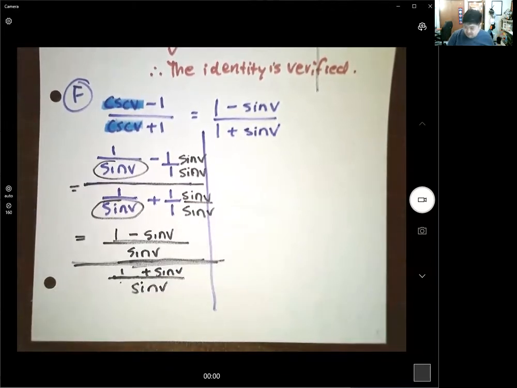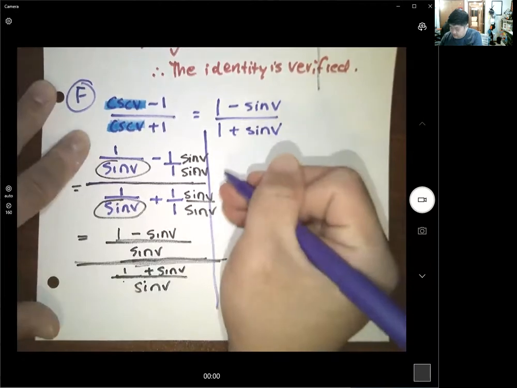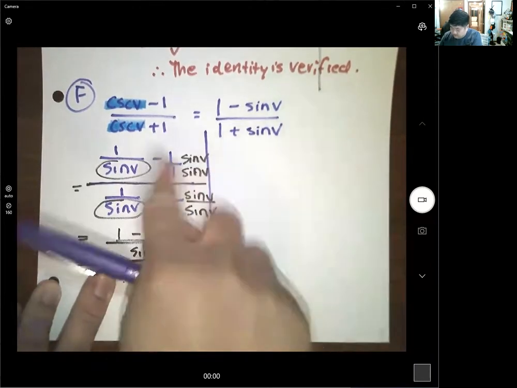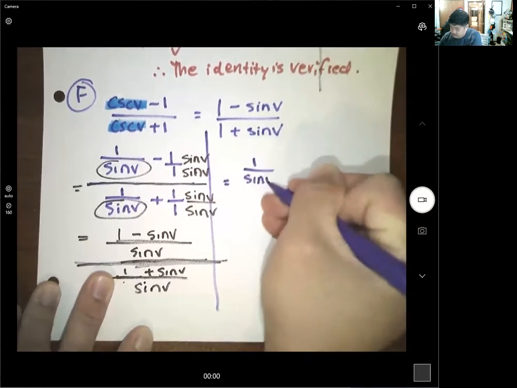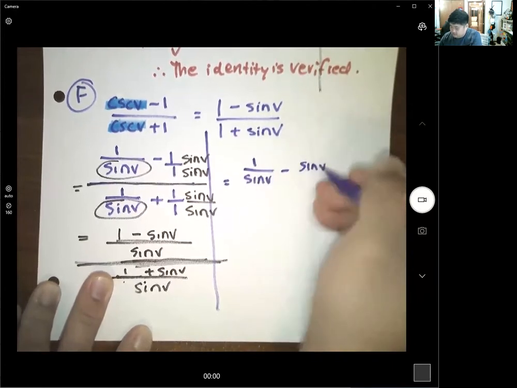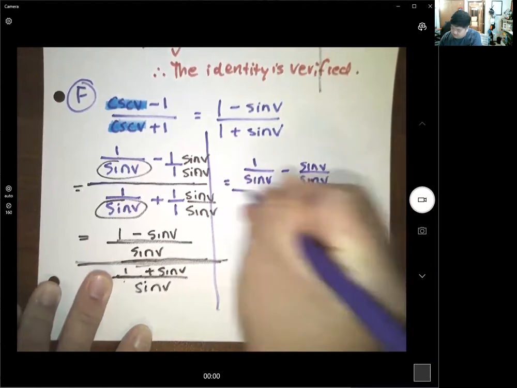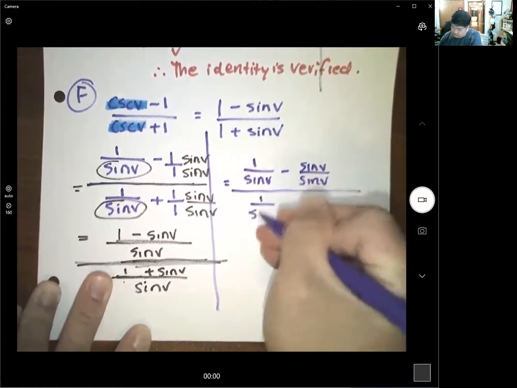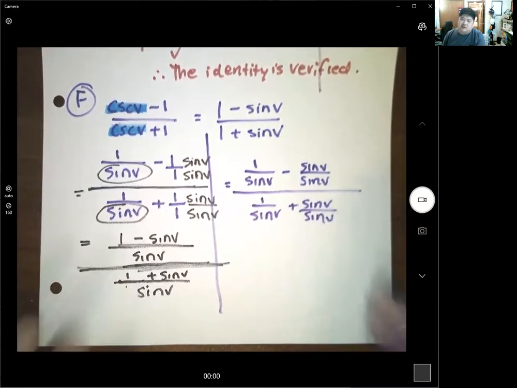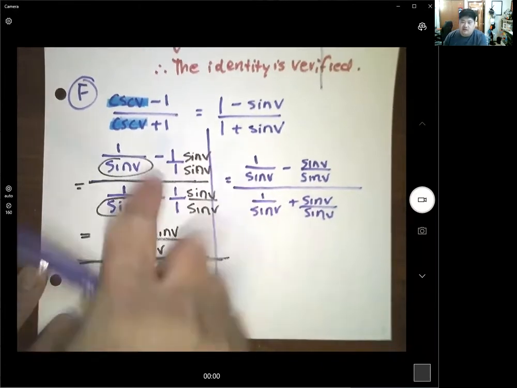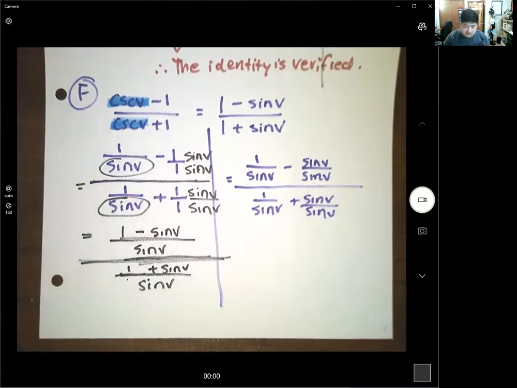I didn't write the step where I wrote it as 1 over sine of v minus sine of v over sine of v, and then all over 1 over sine of v plus sine of v over sine of v. But you could have written that in between this step and this step if you would have liked to.